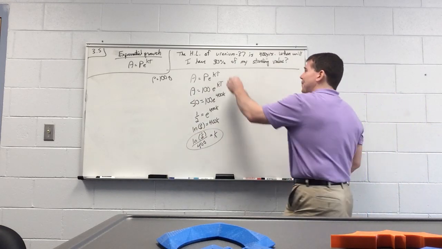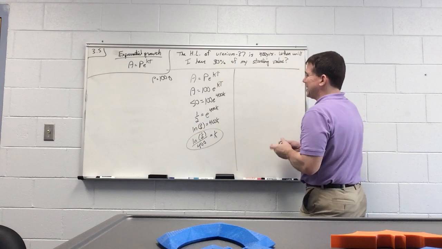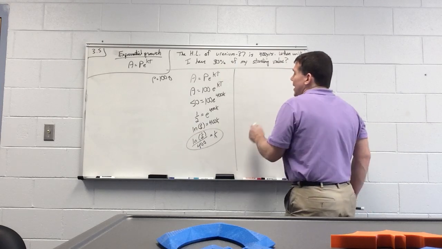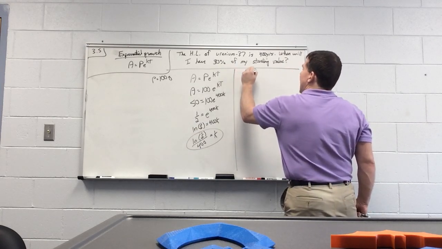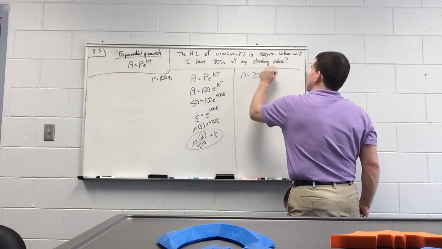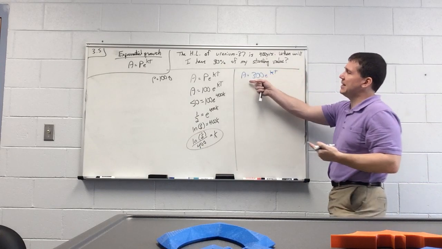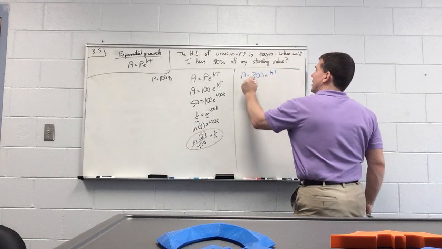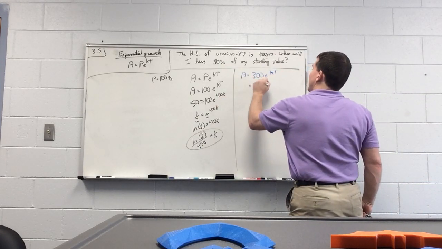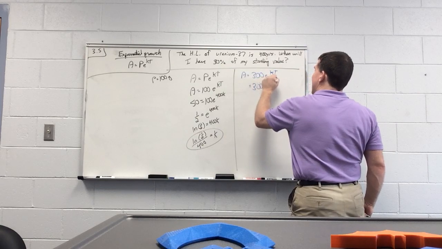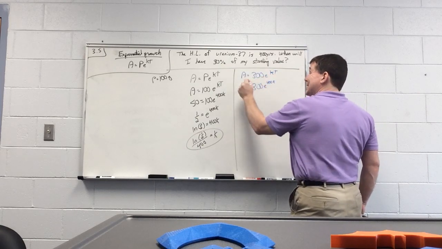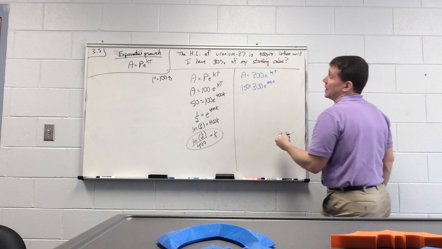But suppose I started with a different value. Suppose I started with 300 grams. Then I have A equals 300 e to the KT. I do the same thing. I plug in the T and the A that are related by half-life. So when time is equal to 400, my half-life, I have half of what I started with, that's 150.